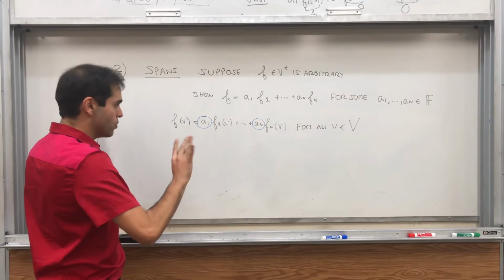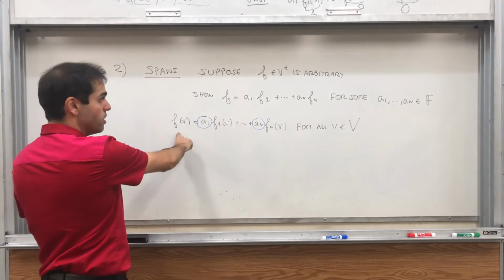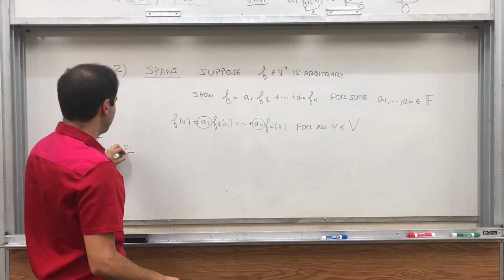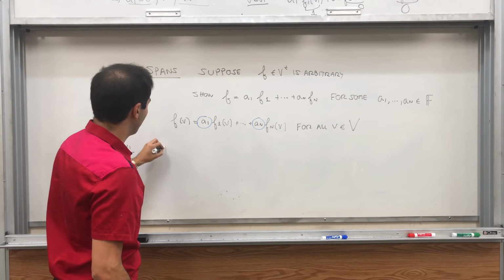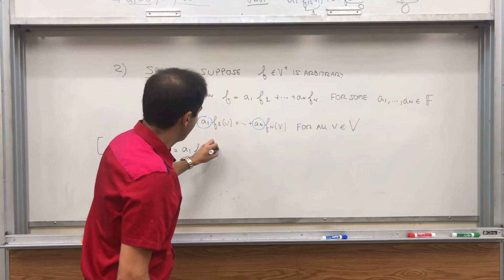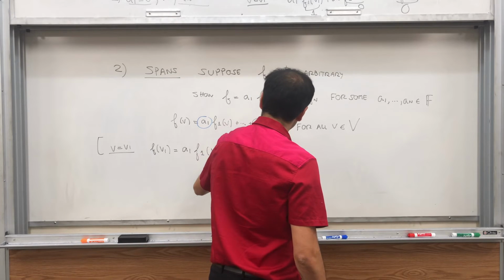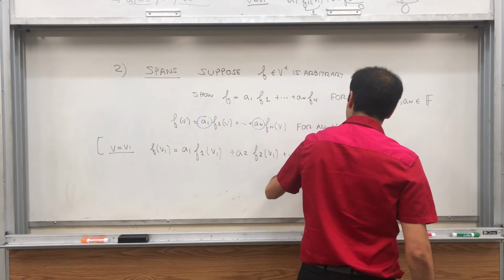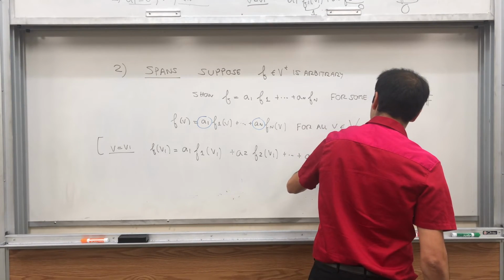So, scratch work. Since this is true for every v, we let v be v1, and then we get f of v1 equals a1 f1 of v1 plus a2 f2 of v1 plus plus an fn of v1.